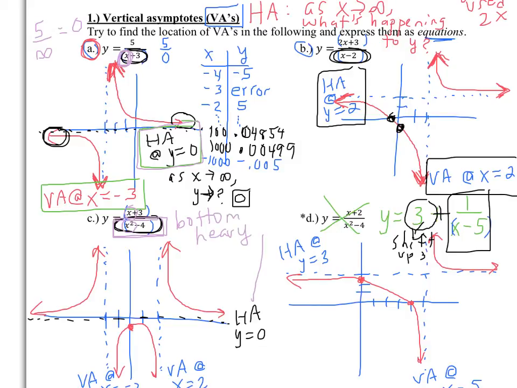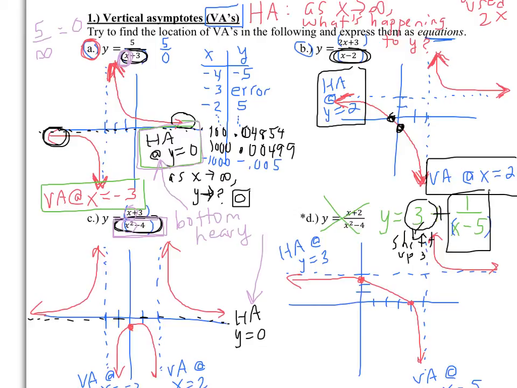If it's bottom heavy, that means you're going to have an HA at y equals 0. Same thing up here in example A. It's bottom heavy, so HA at y equals 0. If you put 1,000,000 in for x, there's going to be more weight in the bottom because you have to square it. So you'll be dividing by a much larger number, so your y will be approaching 0 as x gets really big.